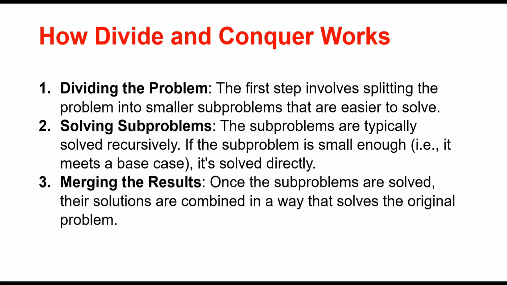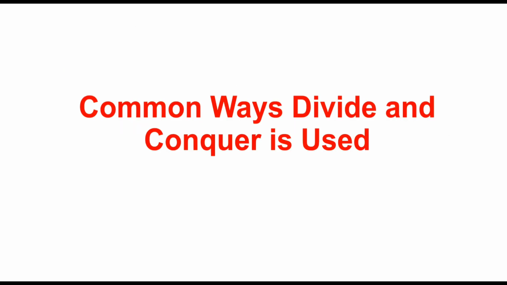Next, we move on to the common ways divide and conquer is used. For example, divide and conquer is used in merge sort. To sort an array of elements, split the array into two halves, then recursively sort each half.